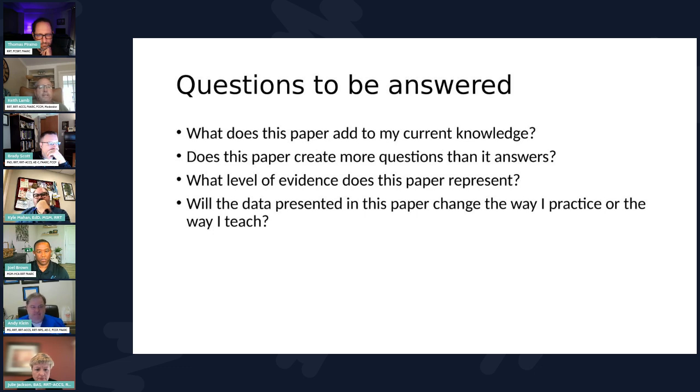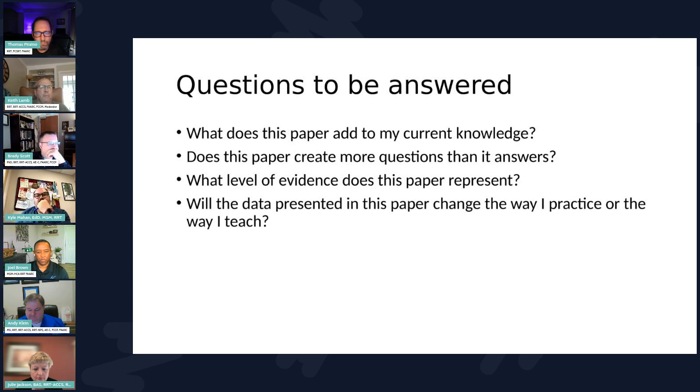So is this paper going to add to my knowledge about that specific topic? What's the title of the paper? What is the author or the investigator's hypothesis, or statistically, what is the null hypothesis? What do I stand to gain from reading this information?